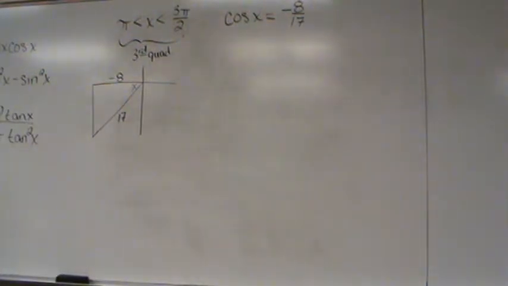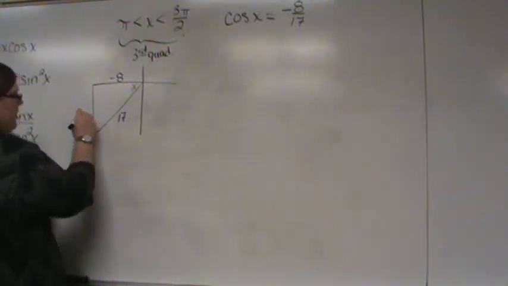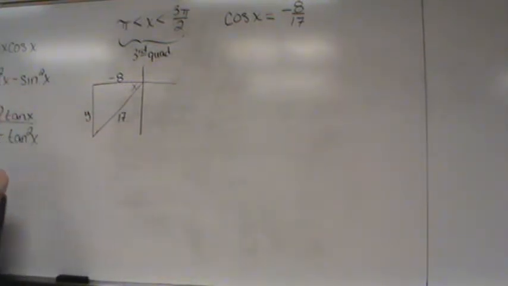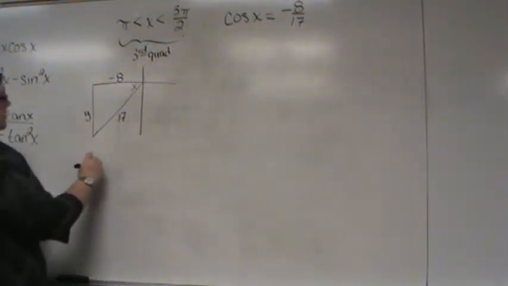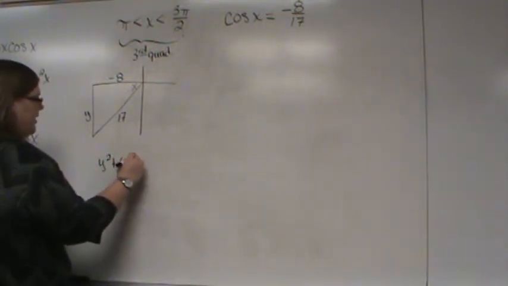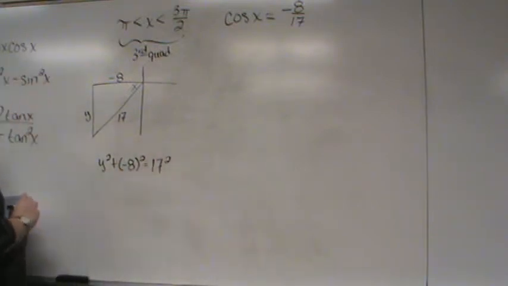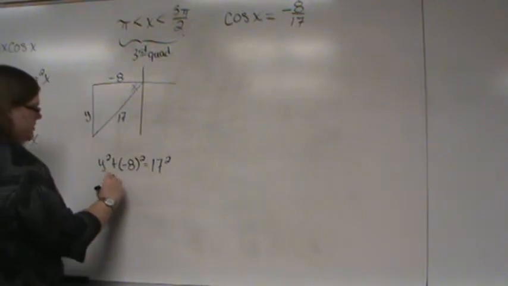Now, just like Kara said, we have to find that third side. So this is where we do the Pythagorean theorem. We'll label this as y right now. So we have y squared plus negative 8 squared equals 17 squared, and then just solve this.